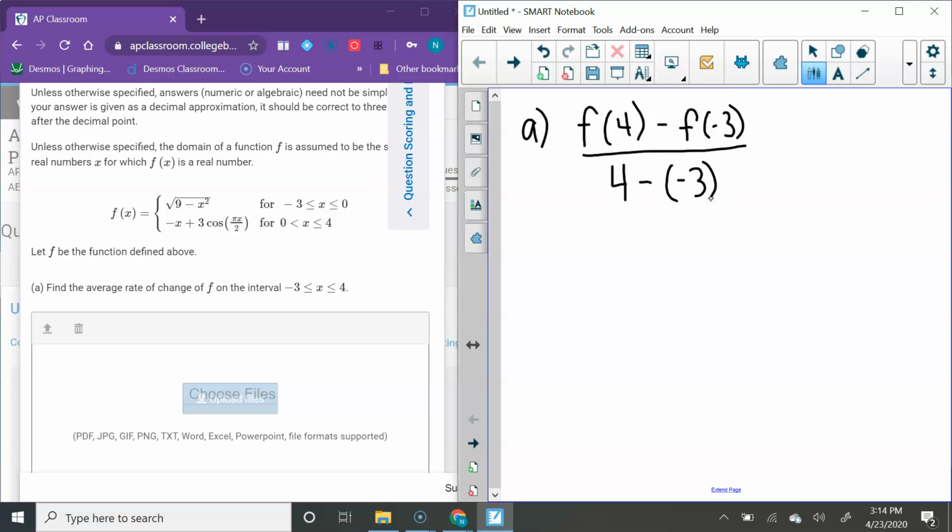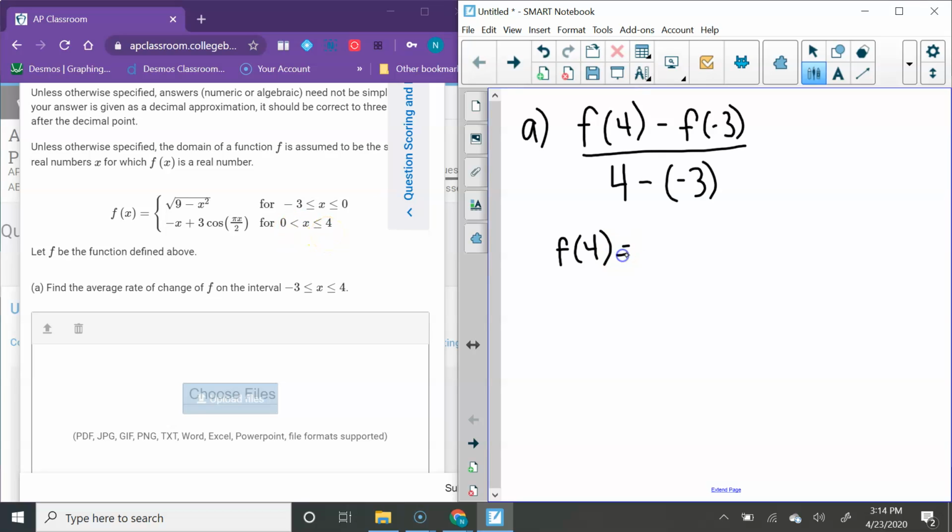Okay, and in order to be able to do that, you have to be able to find f of 4 and f of -3. So let me flip over here to my work just so I can check as we go. All right. So f of 4. 4 falls right here in that second category from 0 to 4.